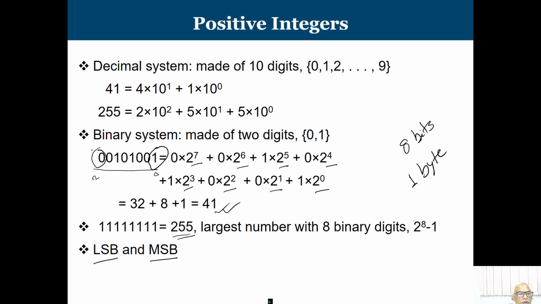If we work with these 8 bits, this position corresponds to 2 to the power 0, which is multiplication of only 1, and this position is 2 to the power 7, which is equivalent to 128. That means it has more weightage than the other one. So we say this is the most significant bit, and this is the least significant bit. In a number system also you can say most significant digit and least significant digit. So in case of 255, this is the least significant digit position, and this is the most significant digit position.